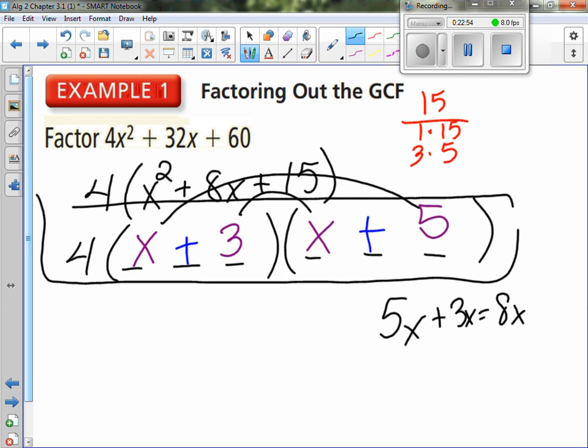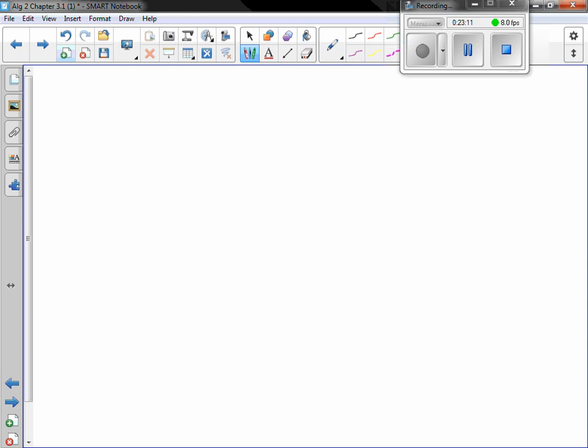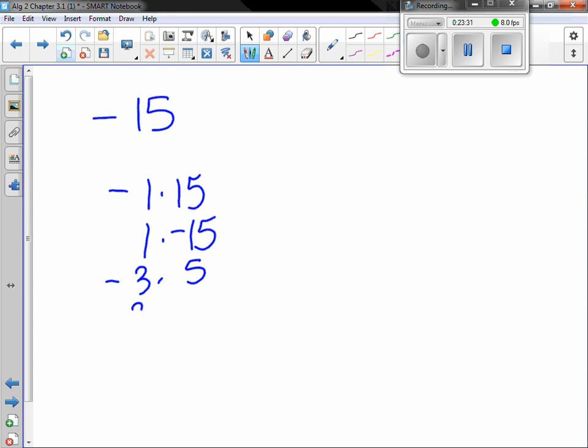I worked this out so that it'd be easier. Because without step number 3, if it was negative like the first one, we have to consider all the signs. So let's say we had negative 15 as the constant term. If we did not have that step 3 with the sign check, our factors would be negative 1 times 15 and 1 times negative 15, or negative 3 times 5, or 3 times negative 5.